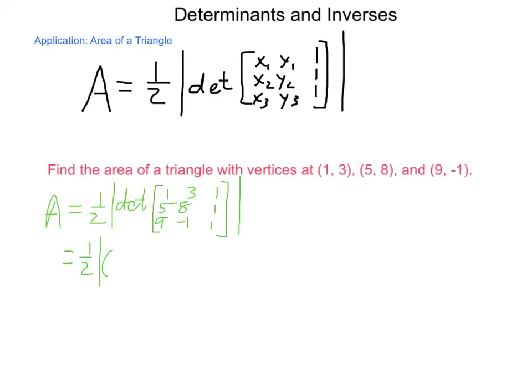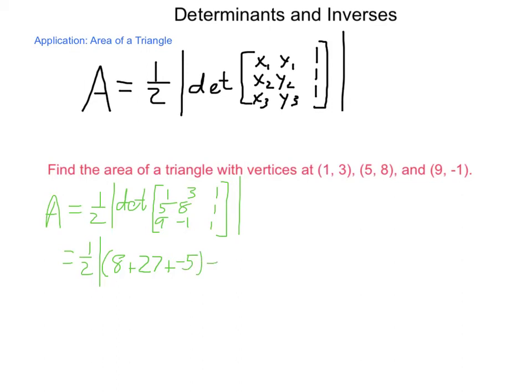Let's begin doing our diagonals. So first diagonal is 1, 8, and 1, which is simply 8. Second diagonal is going to be 3, 1, and it'll carry over to 9, which gives us 27. And our third diagonal will be 1, carry over to 5, and negative 1, which is a negative 5.